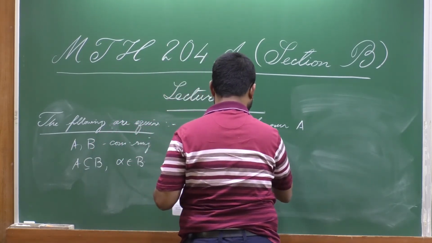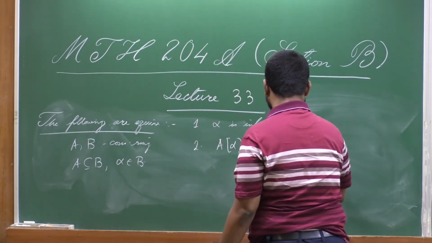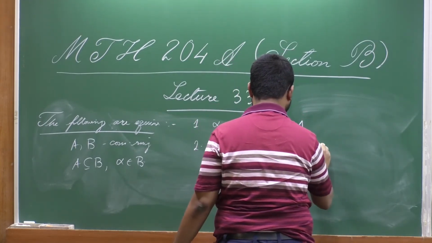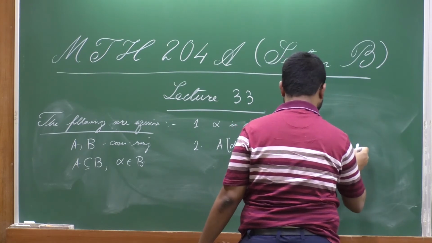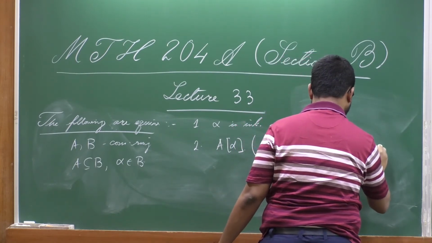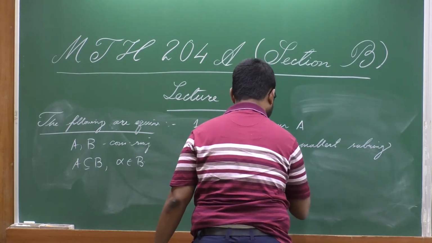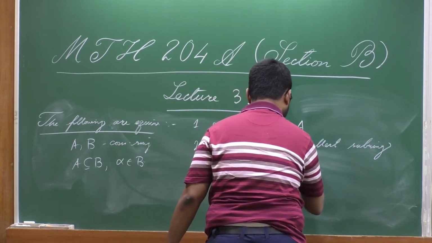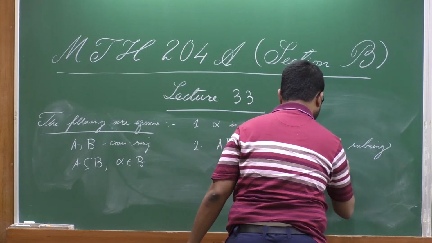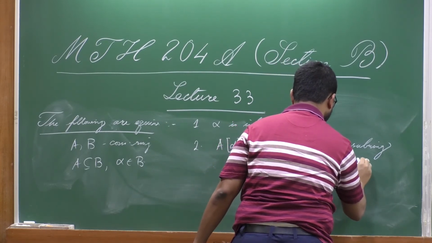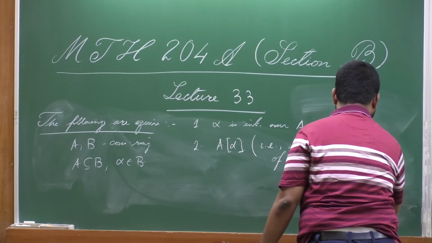So, what is this? The smallest subring of B containing A and alpha.